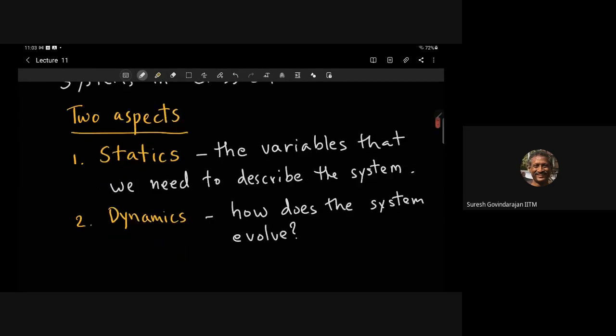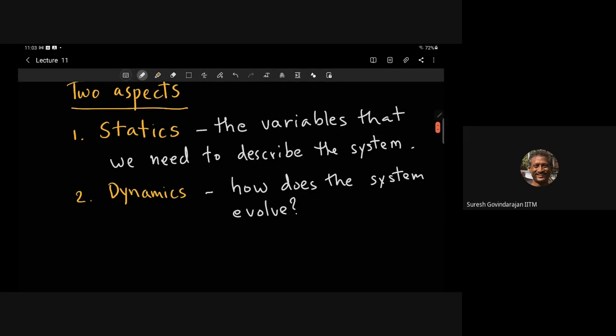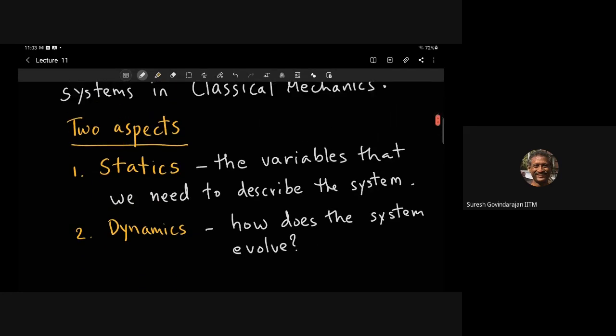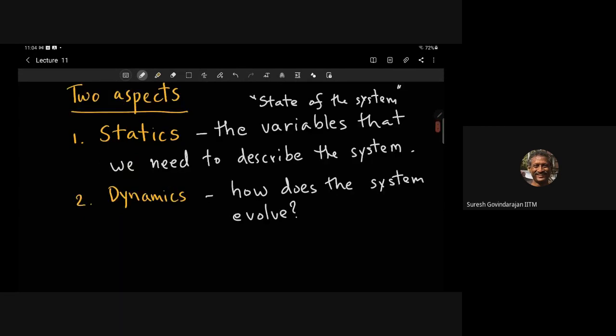So we have to specify these two things. Sometimes the word for the variables is how you describe the state of the system. So step one is to figure out the variables, and step two is to give the dynamics, which is the time evolution.